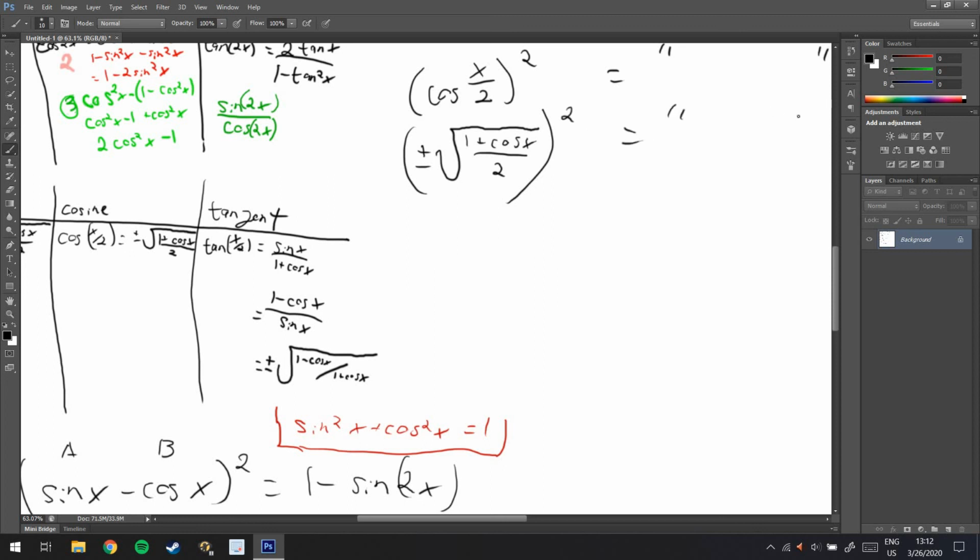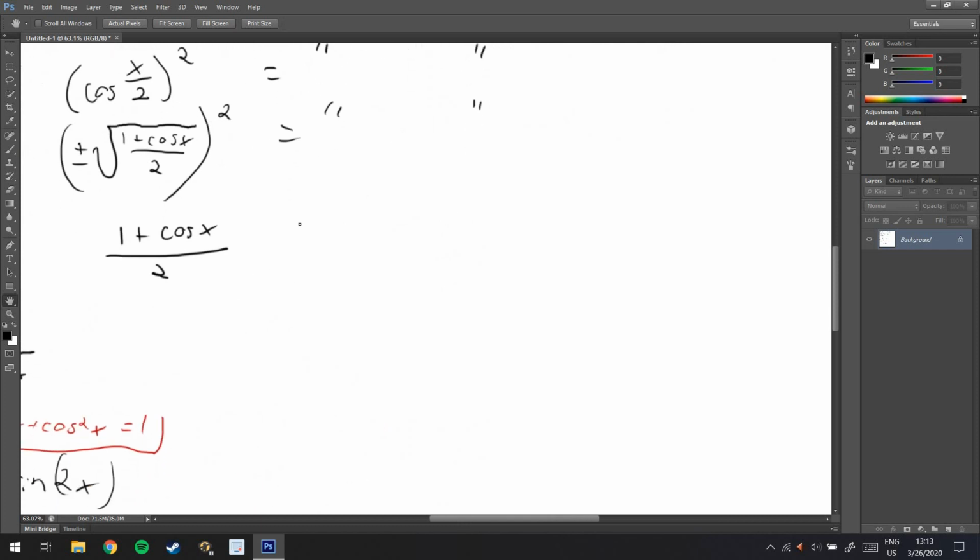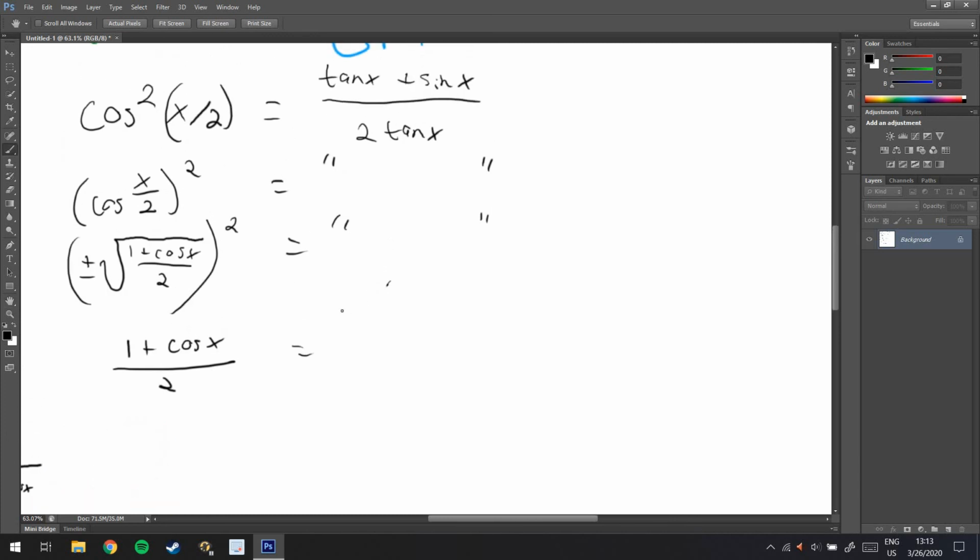This is equal to, well, we haven't changed anything on the right yet. Squaring a radical cancels the radical. So here I'm left with 1 plus cosine of x all over 2. I don't need the plus or minus because squaring will always give me a positive. It's going to equal tan x plus sine x all over 2 tan x.